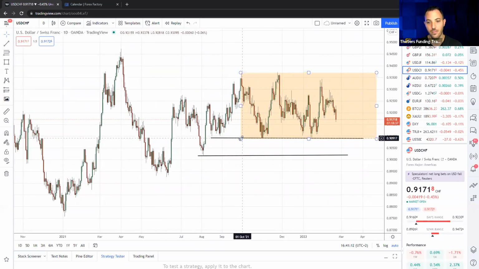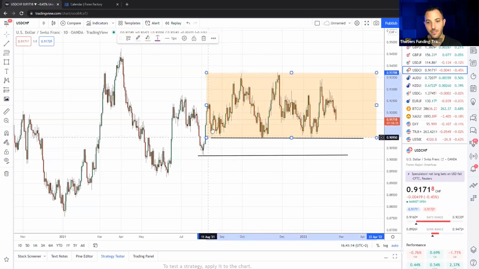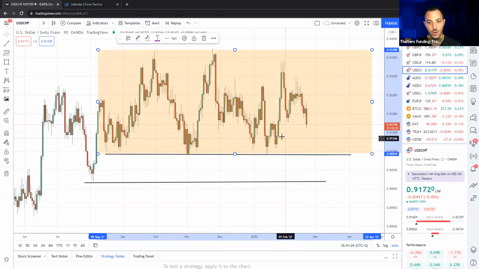See how balanced they have been for weeks and months right now. So we do have the range. So my expectation would be for this to continue lower.